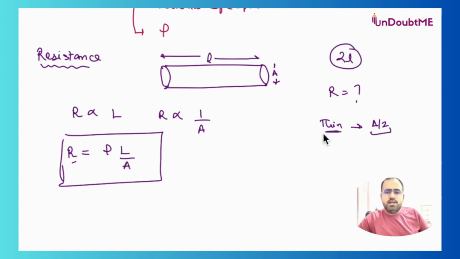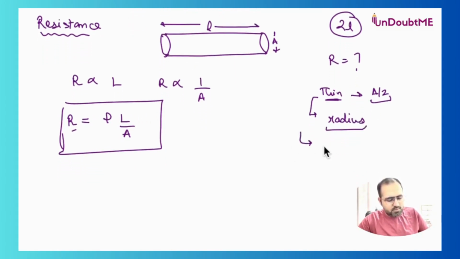Generally, the thickness or thinness of a wire is connected with the radius. Let's say they say that the radius of the wire has become r by 2, so what will be the change in resistance? If the radius is r by 2, then how will the resistance change keeping the same length?